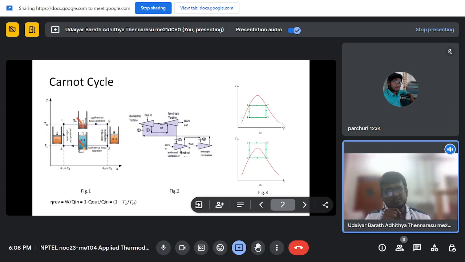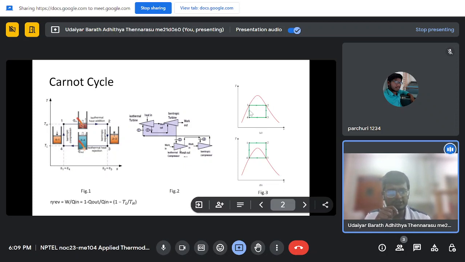If you see this vapor dome for water, the critical point, the topmost point of the vapor dome, will have a temperature of 373, and the maximum pressure it can have is 220 bar. So that's the critical point for water.